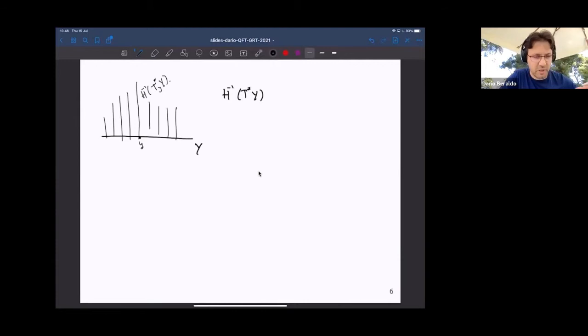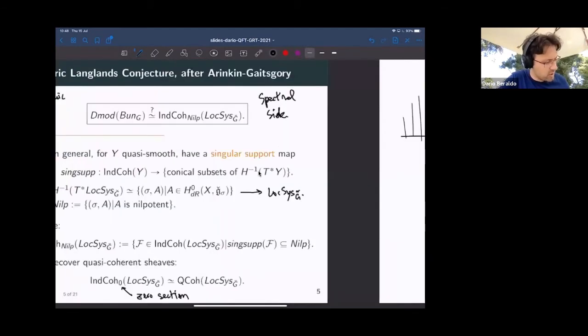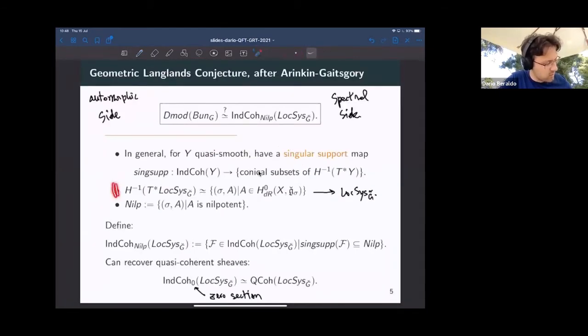Okay, so this geometric picture is the geometric shadow of the category, and so we can play the game that we were playing on the previous page, where inside this space we consider nice subsets, and we restrict the singular support of the objects we want, and we obtain nice categories.